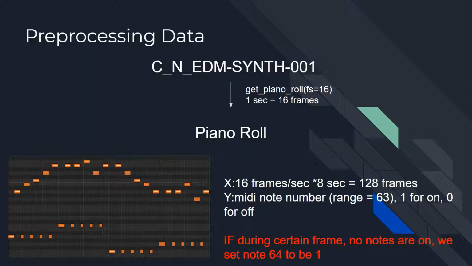In pre-processing our data, we find the MIDI note number range is 63, so this will be a 63 dimension vector. For each element, 1 is for note on, 0 is for note off. If during a certain time no notes are on, we set the note 64 to be 1.